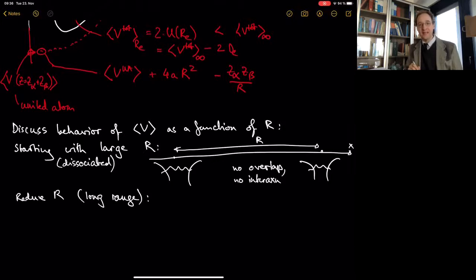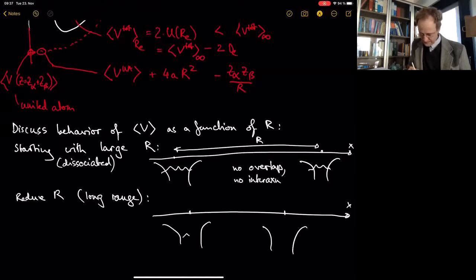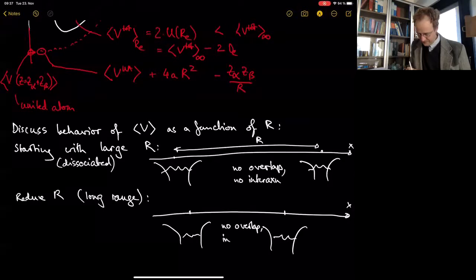These are negatively charged particles, most and foremost. So when you are at some small distance, but not too small, you still have your potentials, of course, and your electrons. They don't overlap, but there is interaction.